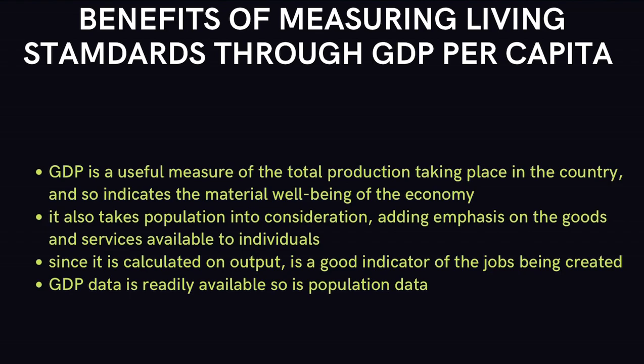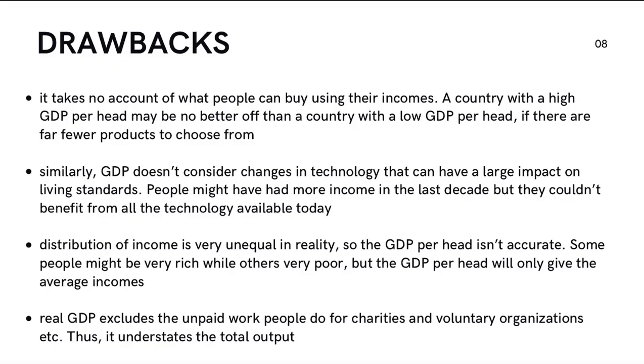So this adds emphasis on the goods and services available to individuals, and since it is calculated on output, it is a good indicator of the jobs being created. GDP data is readily available, so is population data. So it's easy to get your hands on the population data and the GDP data.